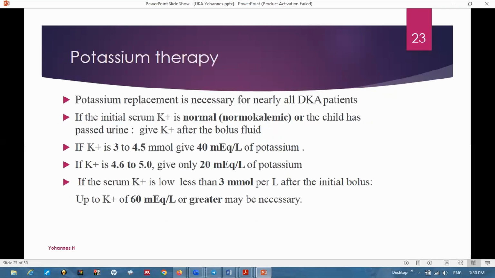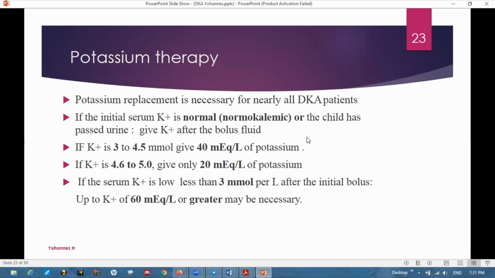These are the potassium therapy guidelines. As I said before, first we will start the rehydration over 1 hour. During that time, we should check electrolytes, and based on the potassium level, we should manage potassium before initiation of the insulin. If the initial potassium is normal, we can add 40 milliequivalents per liter of potassium.